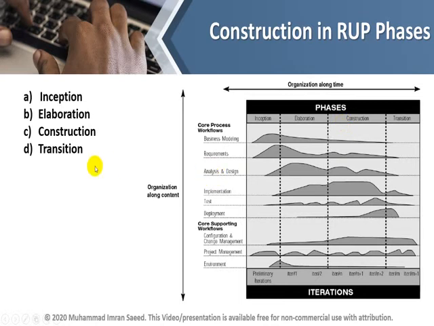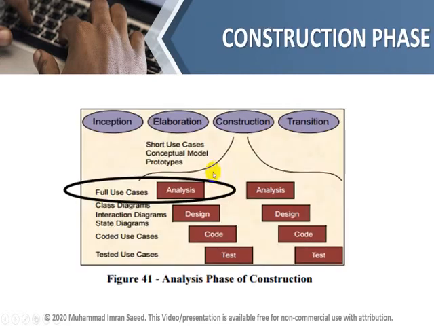Construction has different phases: the analysis phase, design phase, code phase, that we call the implementation phase, and the test phase. For the analysis phase, it shows us the full use cases. So we are going to get the full use case descriptions.